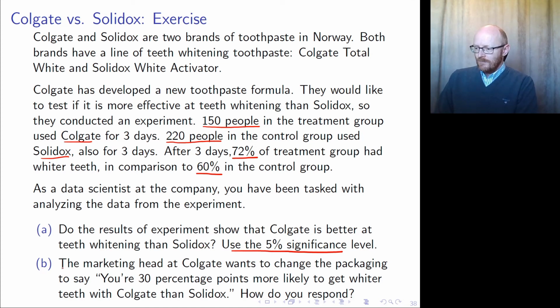And question B: the marketing head at Colgate wants to change the packaging to say you're 30 percentage points more likely to get whiter teeth with Colgate than Solidux. How would you respond? Take 5 seconds to just think about it.